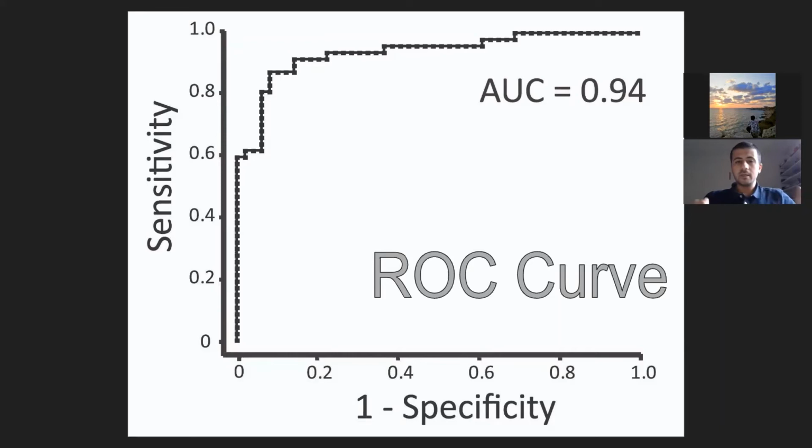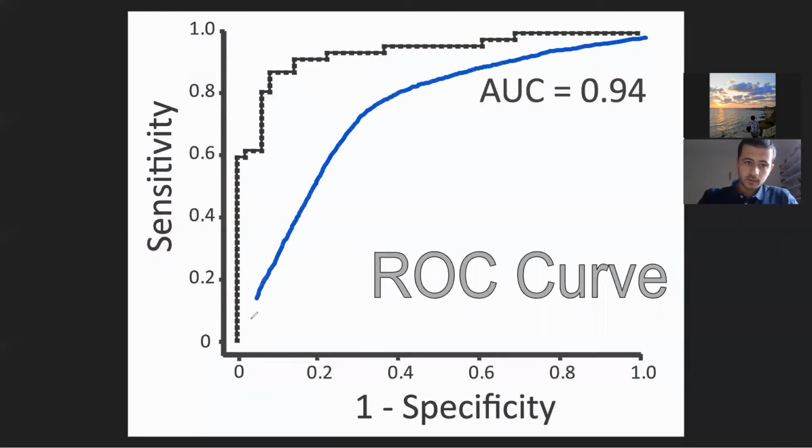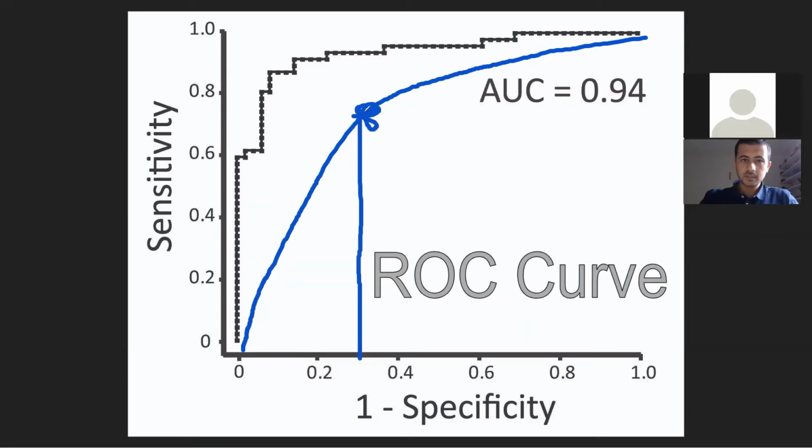You bring me an ROC curve, and it goes like this, from here to here. I took the best point. The best point is here, 70% specificity and 70% sensitivity.